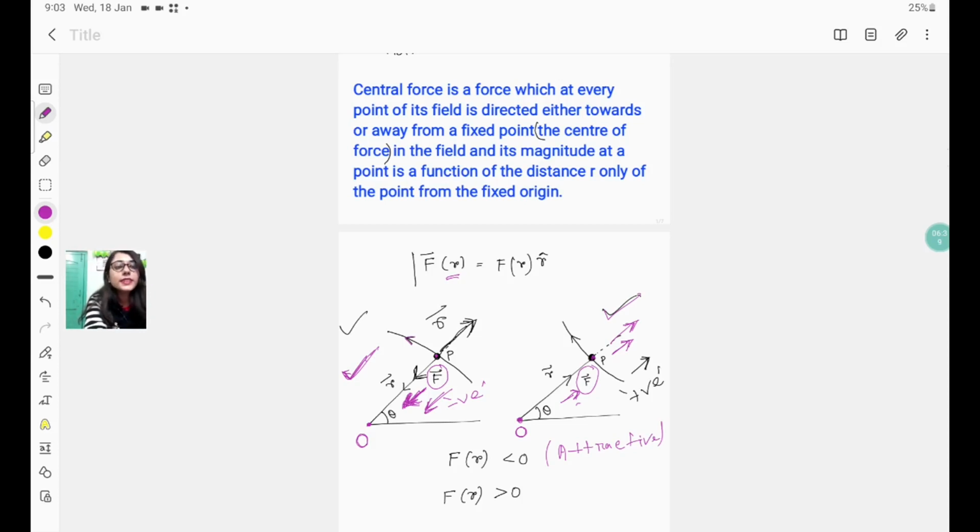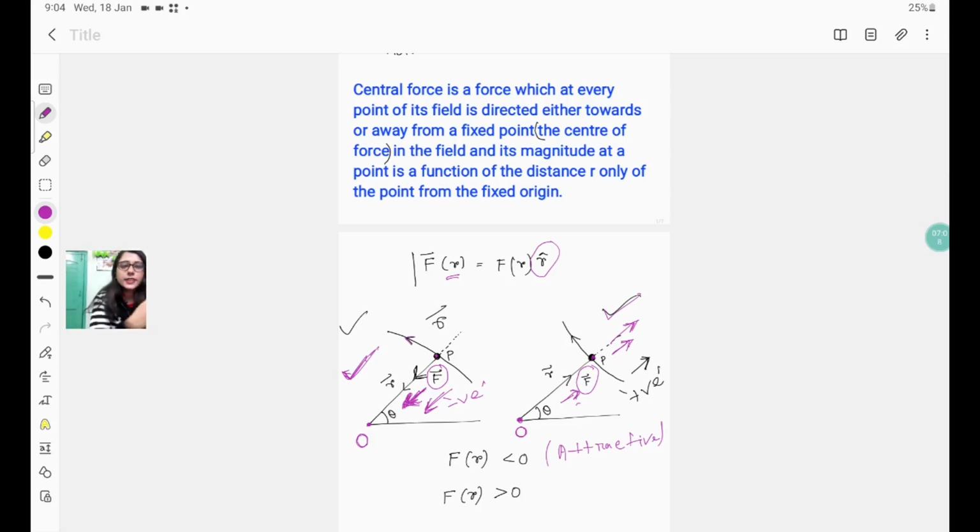Because in this case, the force is acting towards O, and so that's why it is negative. But the direction is always along the line joining O and P. That is why we are writing here r cap. R cap is the unit vector along the line joining O and P.